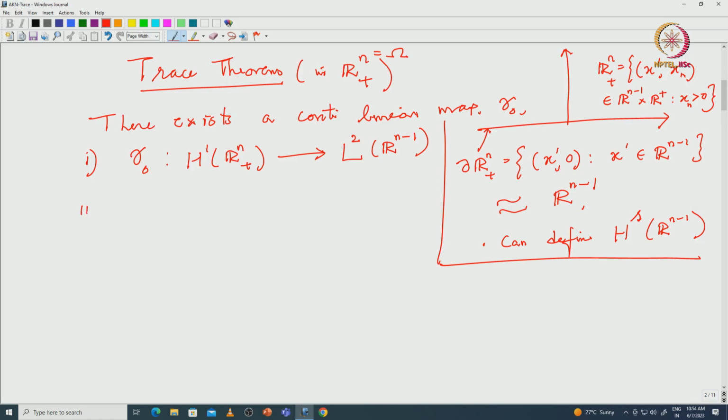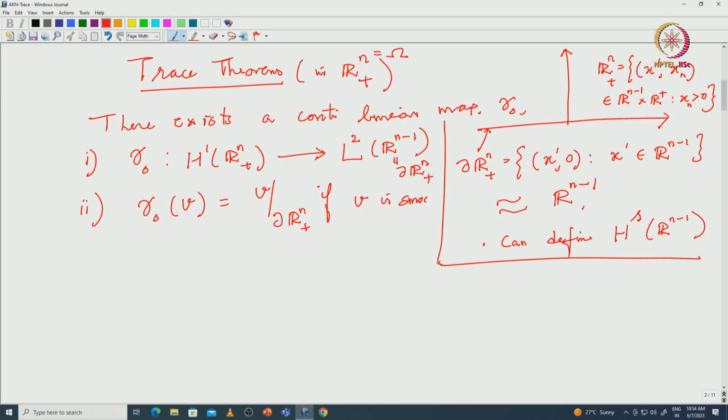The second part is that gamma naught of v, if v is smooth, is equal to v restricted to the boundary. Keep this in mind, this is always the boundary.